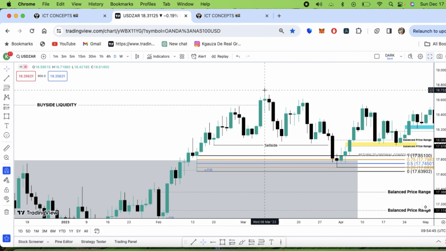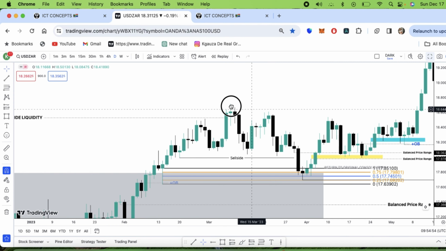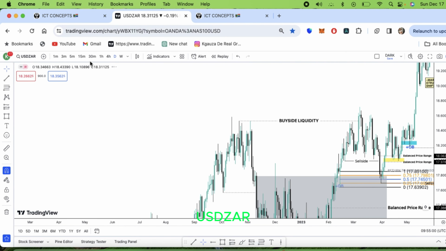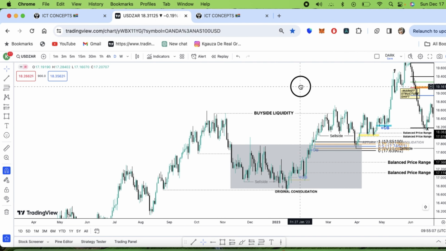With ICT culture theory, whereby every 3 months you are trading these long explosive moves. That is crazy, guys. So you can see this whole price action. That is price action for USD ZAR, the whole of 2023. Obviously, even from November last year.